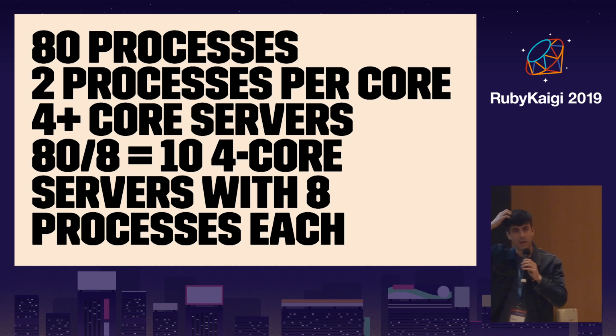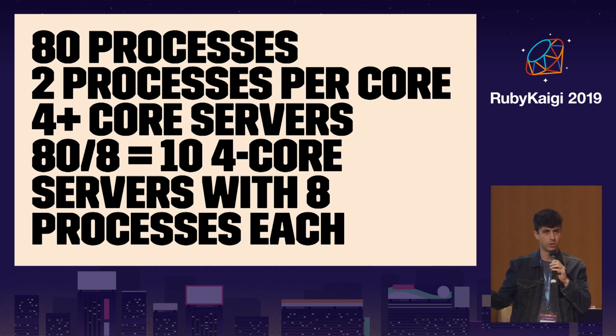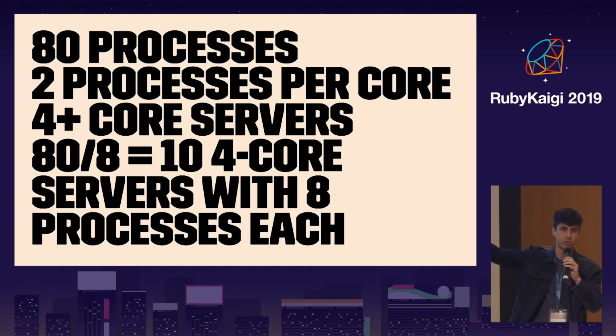In general, most applications want to have 2 processes per core available on the server. So when you have a 4-core server, you should be running about 8 processes per server. I also have a whole other thing I've written about on my email newsletter about why you should prefer 4+ core servers. If you're running 2-core servers, 1-core servers, that's a mistake.